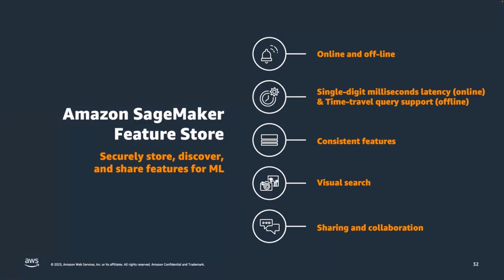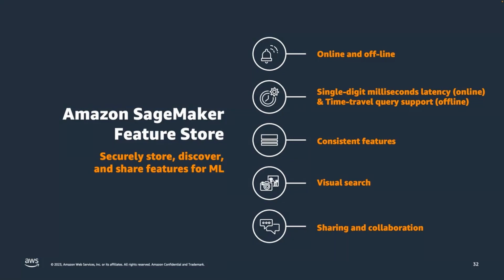You can also visually search and discover features using the SageMaker Studio interface. All members of your team can share features into the repository, promoting reuse and eliminating rework, and so reducing costs. Feature Store also offers a unified set of feature definitions across teams, making it easier for teams to work together.